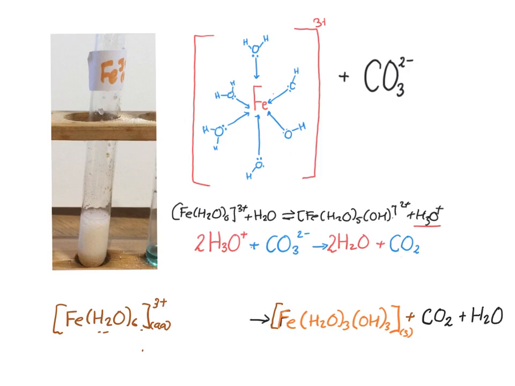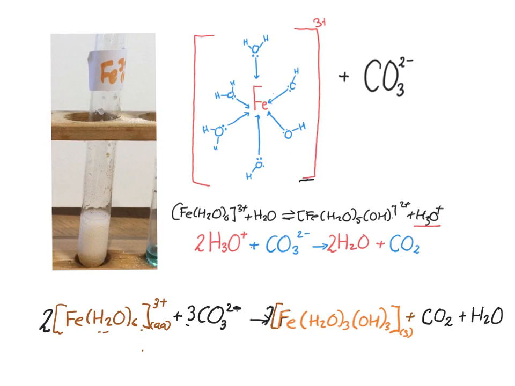Now we also know that every one of these loses 3 protons, and therefore we're going to need at least 3 carbonates to remove those protons, and the carbonate has a 2- charge. So to balance out this charge, 3 times -2 is -6, and therefore we have 2 of these, and 2 times +3 equals +6, and that's the best way of balancing this.